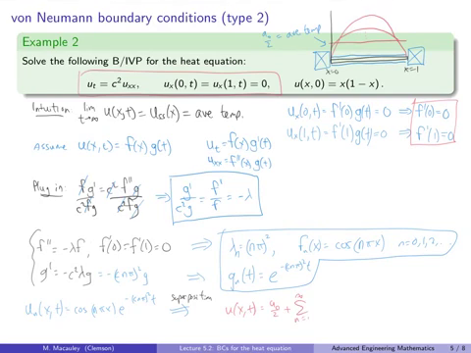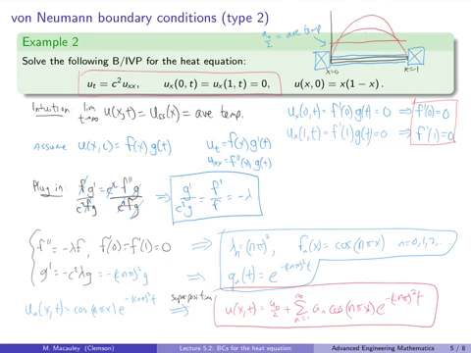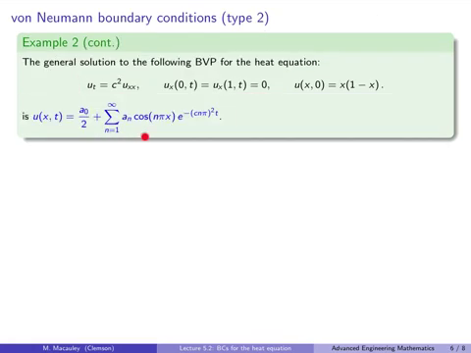So plus the infinite sum of, let's call this an cosine of n pi x times e to the minus c n pi quantity squared times t. So this is our general solution. It describes all functions that satisfy the heat equation with these boundary conditions before we impose what the initial condition is. Here is that general solution typed up.